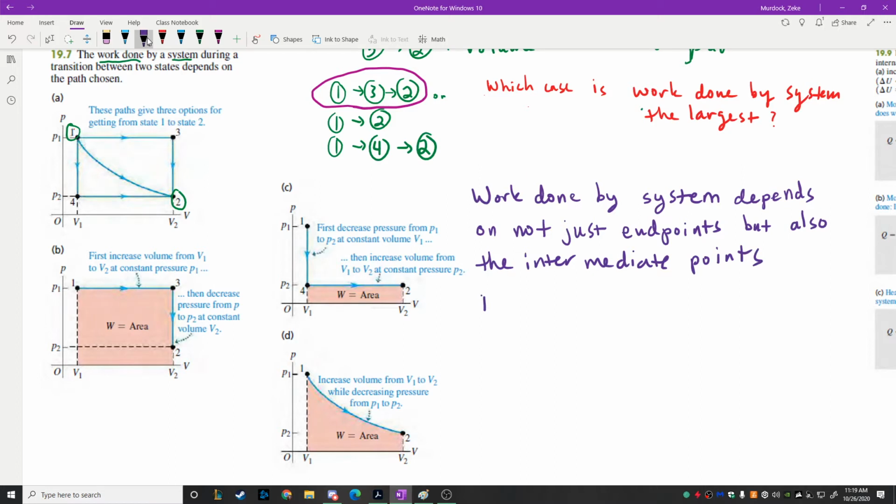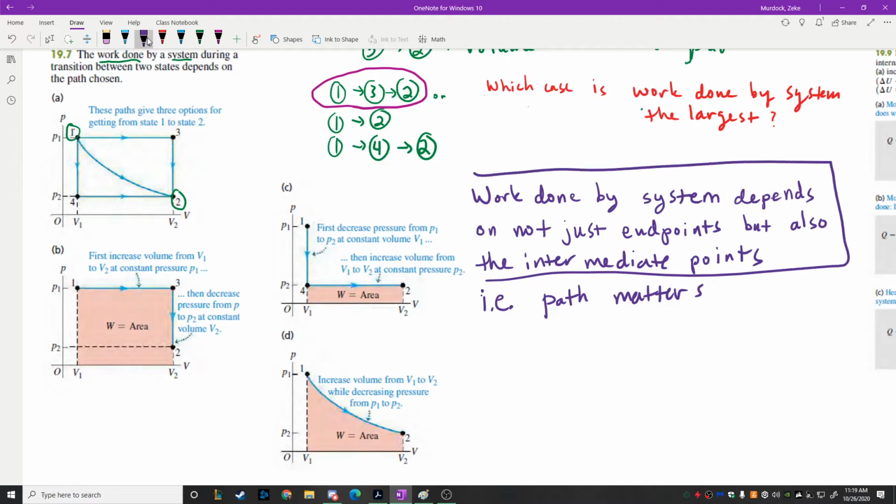In other words, the path matters. This is the general takeaway. You need to know exactly the path that you go through. You can't just know what the endpoints are. Okay?